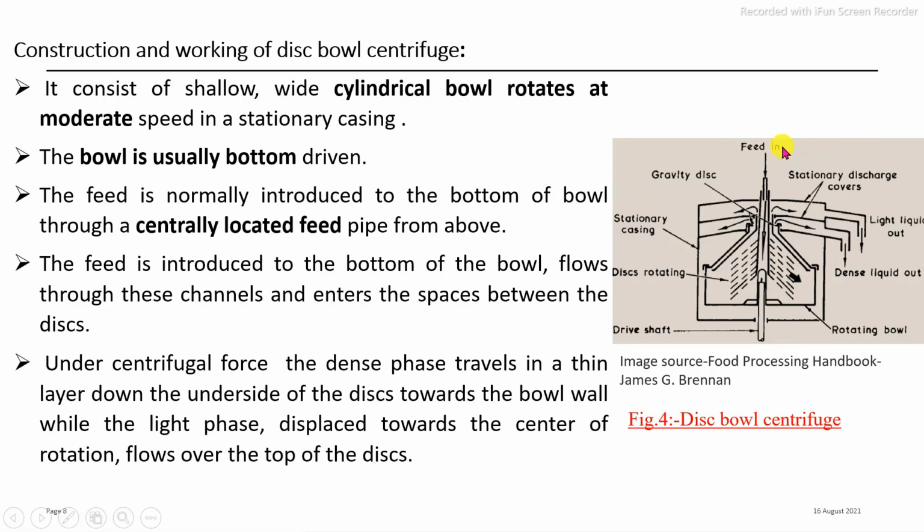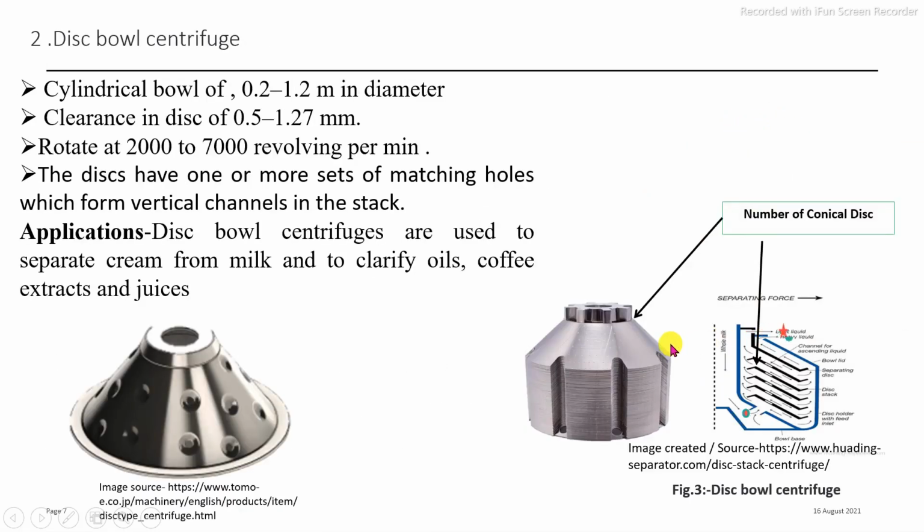You can see this is the cut section, half section of the disc bowl centrifugation process. Liquid feed enters at the center pipe at the top, flows to the bottom, and this bowl is rotated at high speed. The speed of rotation is 2000 to 7000 rpm depending on the specific application.